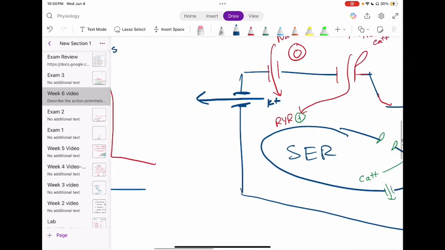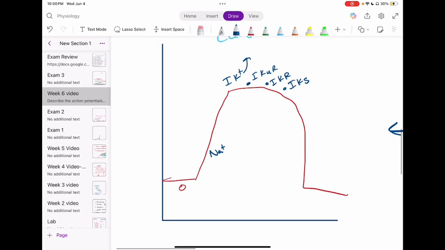So I was correct when we were talking about this. I drew this a little bit wrong. There's a little bit of a peak coming up here.